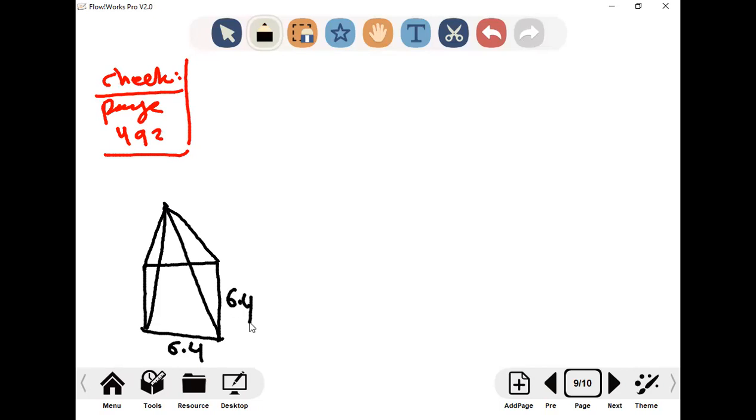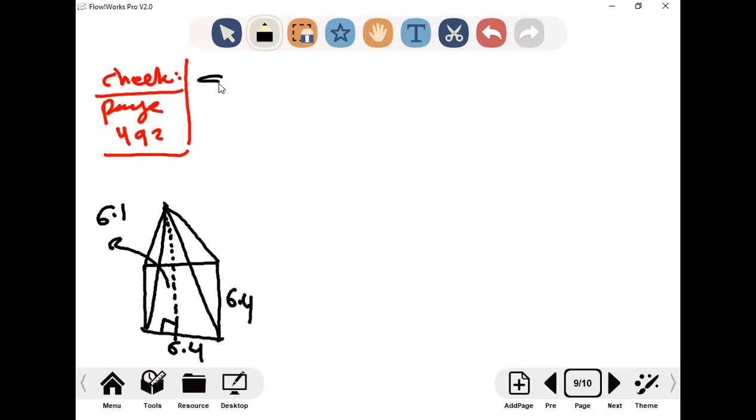If they are equal, square pyramid. If they are not equal, rectangular pyramid, right? Fine. Square pyramid. And here the height given for this triangle is 6.1, and they want the surface area.